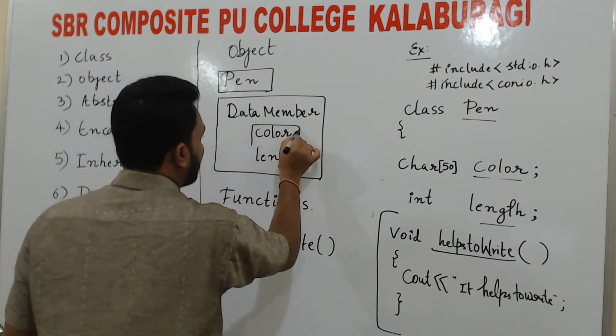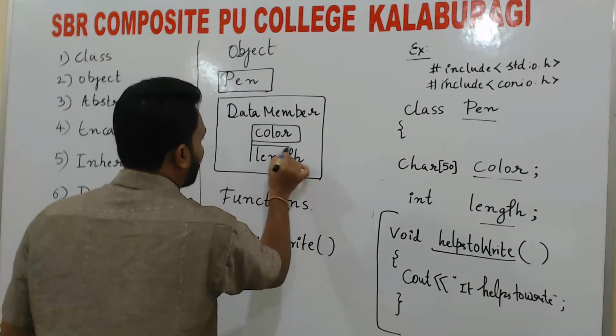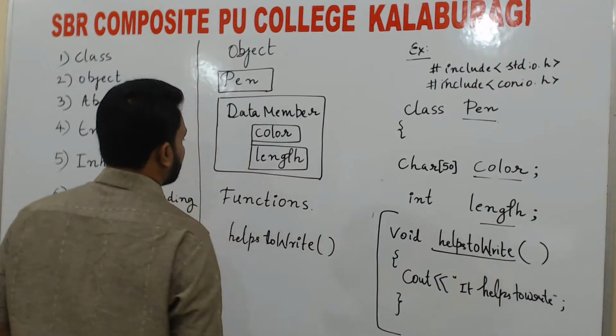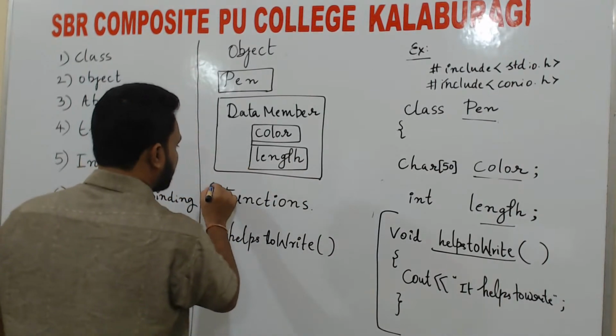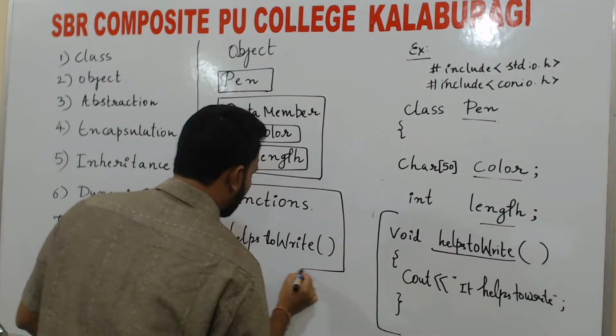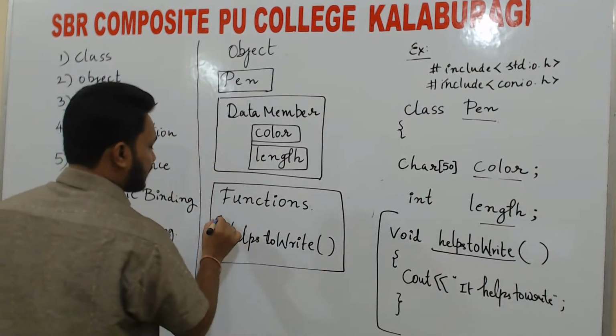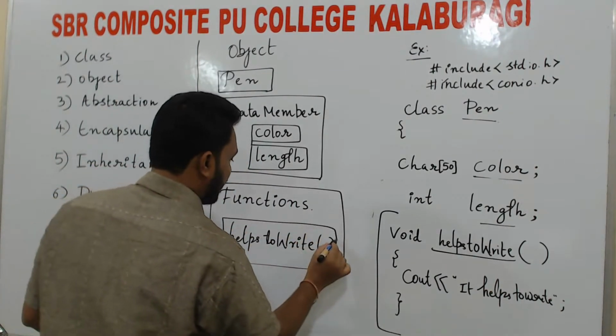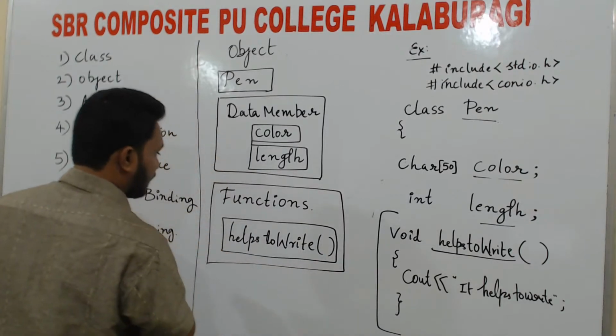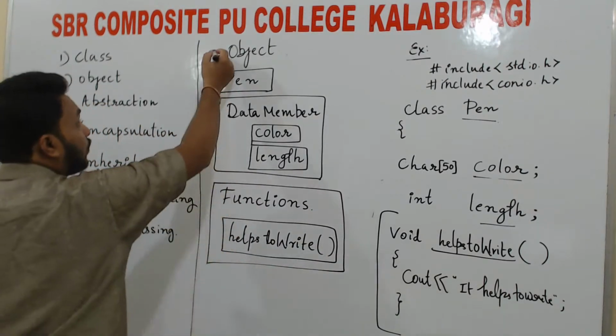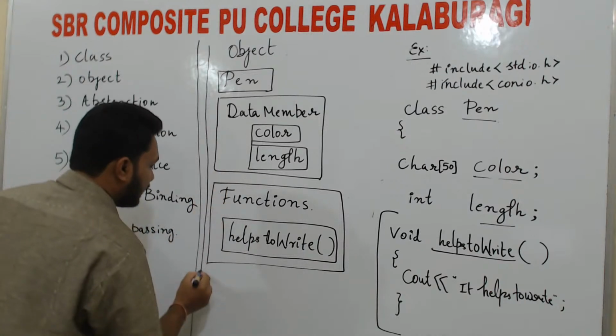Which data members do we have? The color and the length. Then one function we have inserted inside a pen object. The function name is helps to write. The whole thing includes one object.